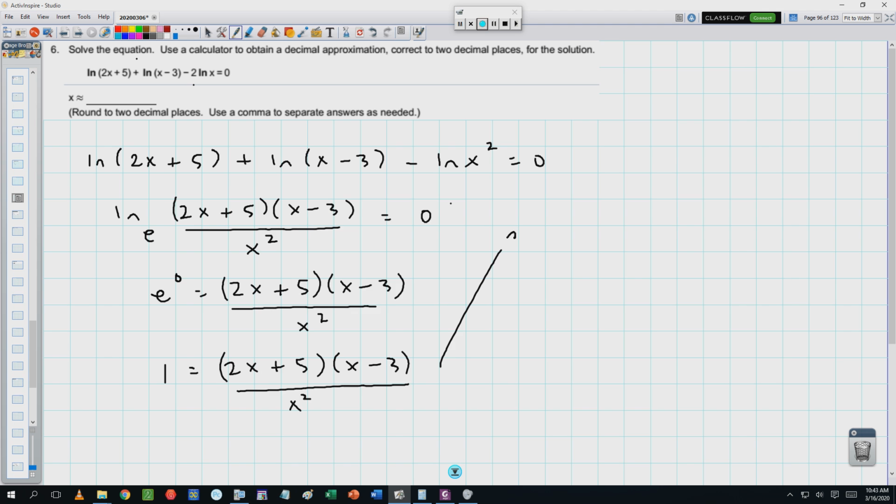Move this over here. I'm going to cross multiply the x squared over to the 1, and I'm going to go ahead and FOIL those two parentheses together. 2x squared, a 6x here, negative 6x, a 5x here, which will give me a negative x, and minus a 15. I'm going to bring the x squared over.